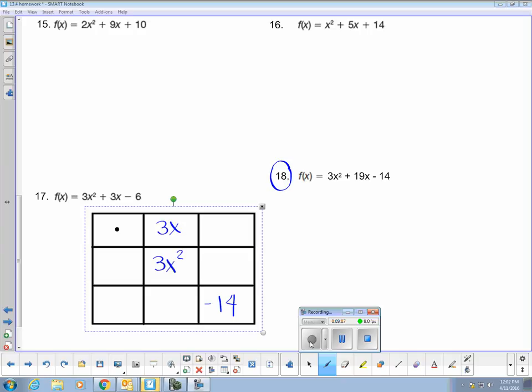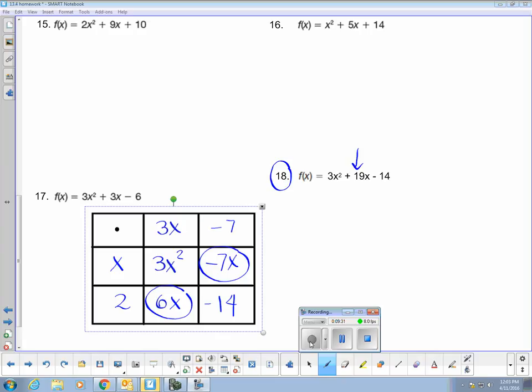So I need 3x times x. And one of my choices for negative 14 is negative 7 and positive 2. So negative 7 times x, negative 7x, 3x times 2 is 6x. When I add these two together, I get negative 1x.